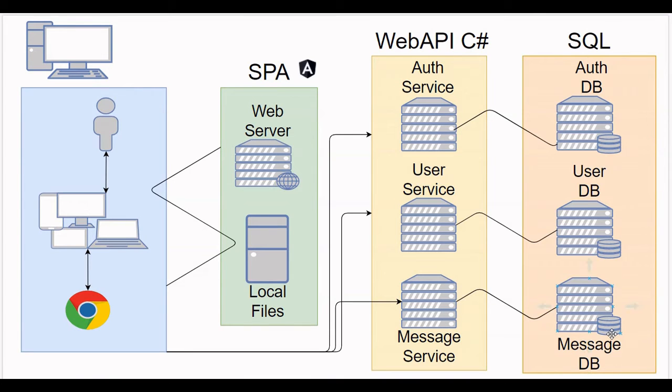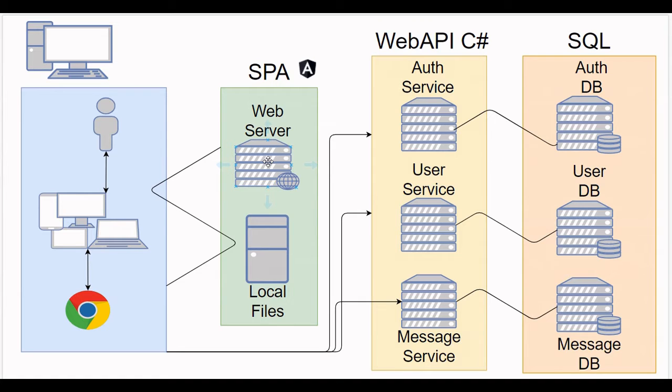So let's discuss the architecture of our app. It'll be constructed with Angular, the front-end client, Web API with C#, this is using .NET Core, and a SQL Server database. And just to go over the flow of the process, our user here will ask the browser to connect to a web server.